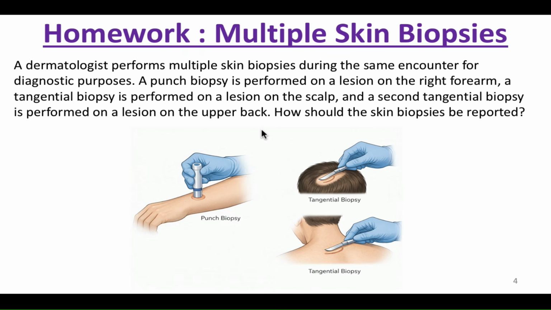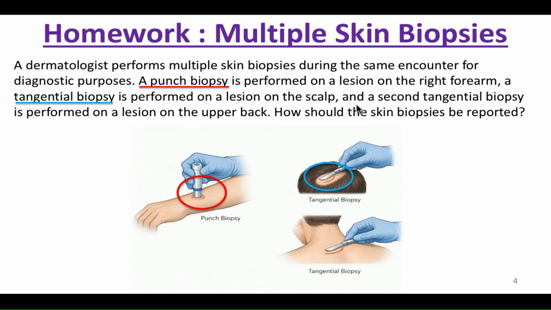This is the homework I gave you in the last video. I want you to pause for a moment and apply what you have learned. A dermatologist performs multiple skin biopsies during the same encounter for diagnostic purposes. A punch biopsy is performed on the lesion on the right forearm. A tangential biopsy is performed on the lesion on the scalp.